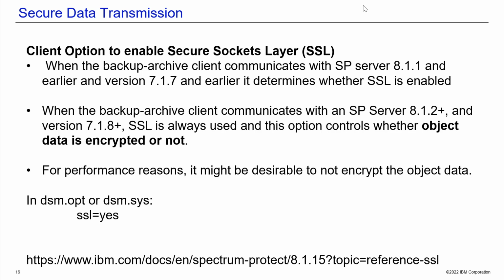And so in versions prior to 8.1.2 or 7.1.7, this would be for both the communication and the data. But in versions after 8.1.2 and 7.1.7, when we're already utilizing SSL by default for communication, this SSL equals yes is for the data transmission.